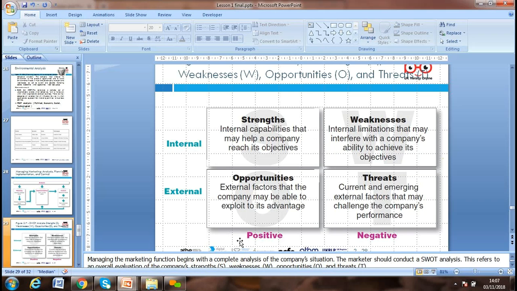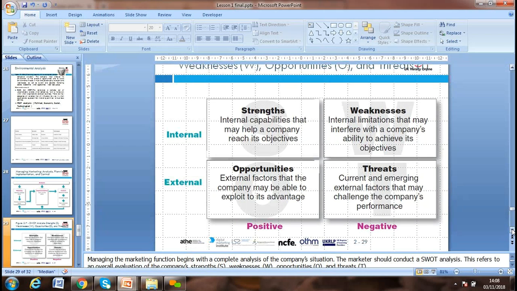Opportunities come from external market growth rate and external factors that the company may be able to exploit for competitive advantage. Think about Brexit: it may create some opportunities for local companies, or it may create a threat for local companies if they are buying raw materials. It depends.